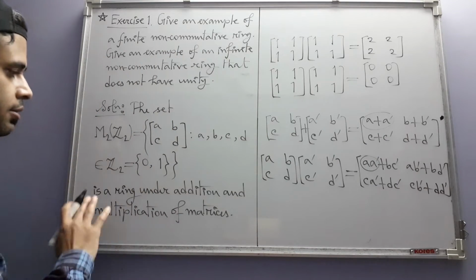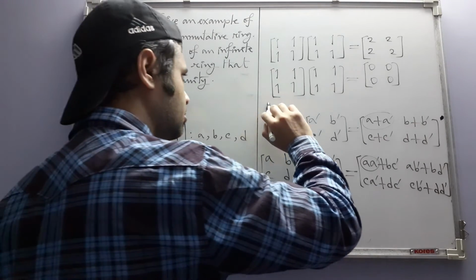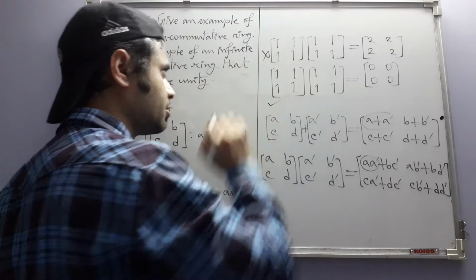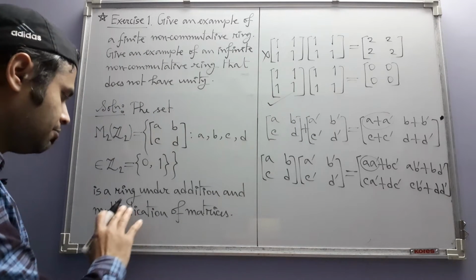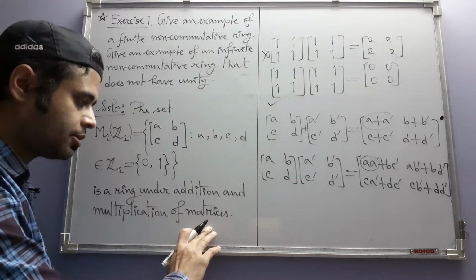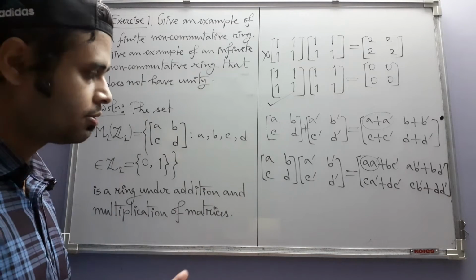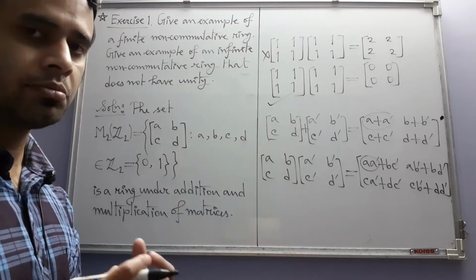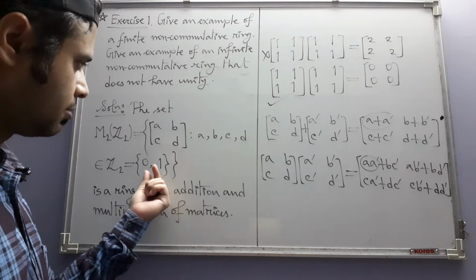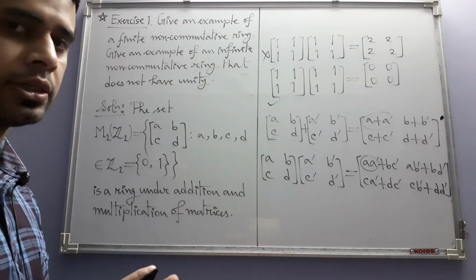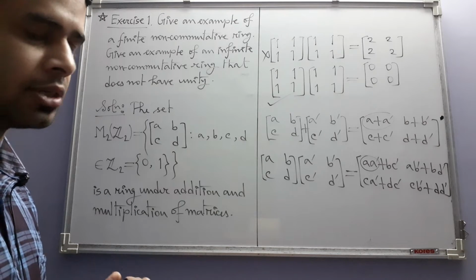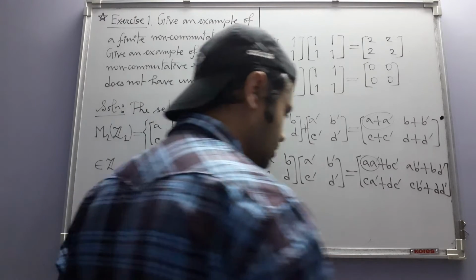So in this ring, this is the correct calculation, not the other one. So when we say addition and multiplication of matrices, it is understood that the entries have to be manipulated using addition modulo 2 and multiplication modulo 2, not ordinary addition and multiplication of real numbers.